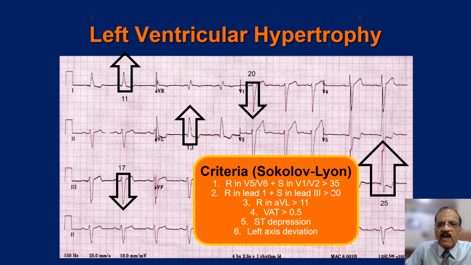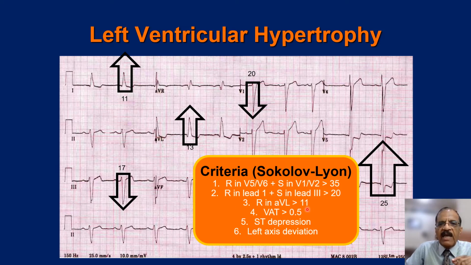So whichever is bigger, we add them up, and if the sum is 35 or more, the criteria of left ventricular hypertrophy is met. Then we take the limb leads, R wave in limb lead 1 and S wave in limb lead 3. If the sum is 20 or more, the criteria of left ventricular hypertrophy is fulfilled.